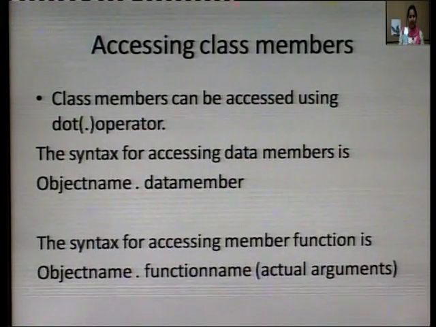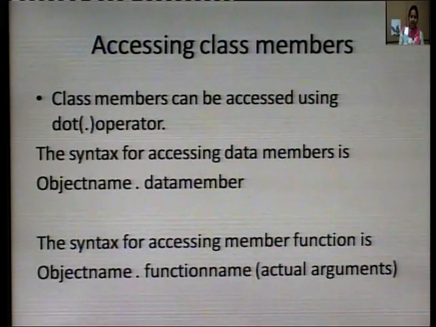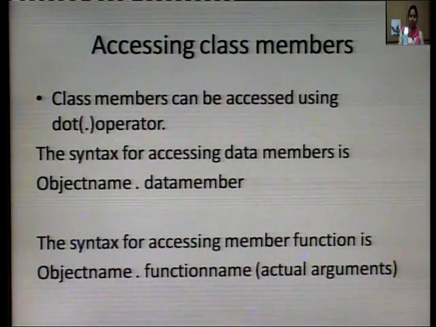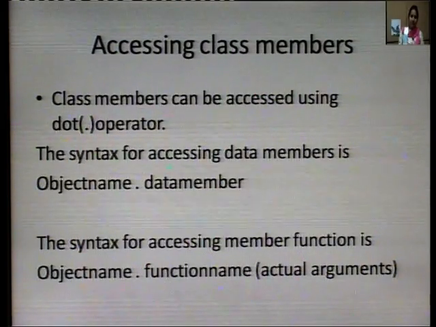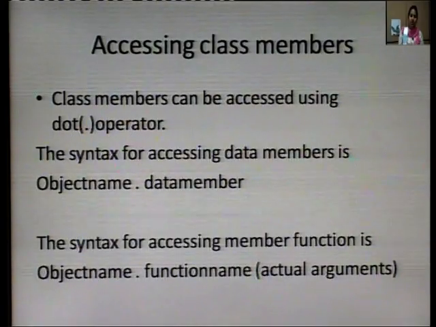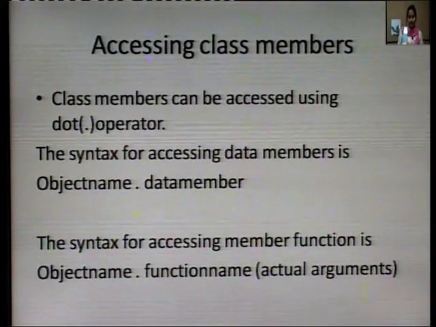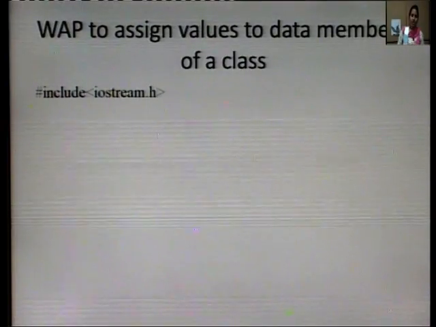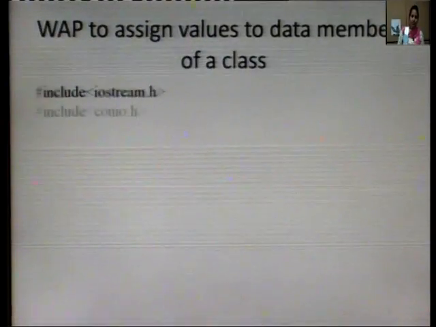The syntax for accessing a member function is object name, dot, that is the member access operator, function name, and then if it contains arguments, we can pass the actual arguments. So here we can perform a call to a member function of a class. So let us say we are going to assign values to the data members of a class.